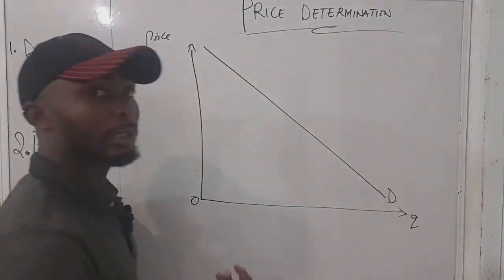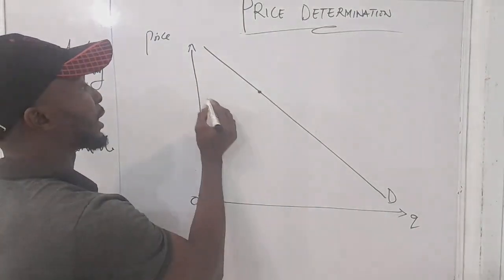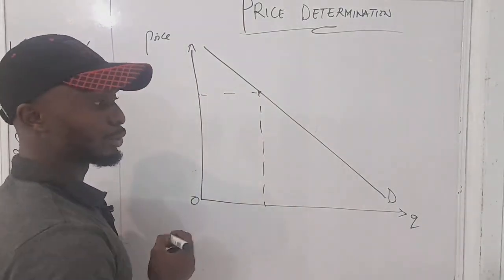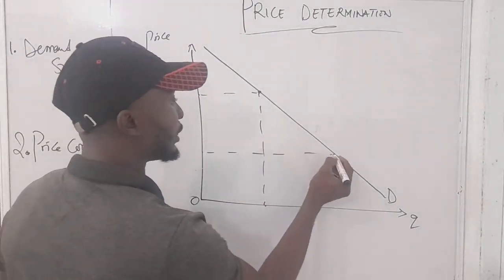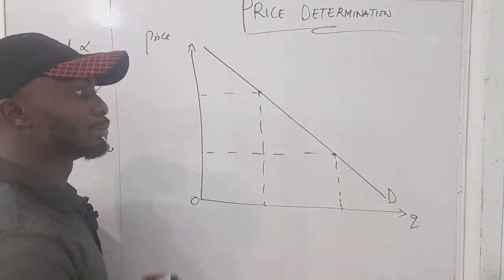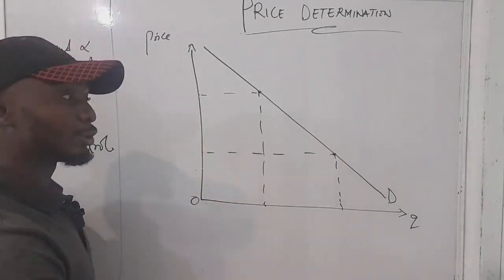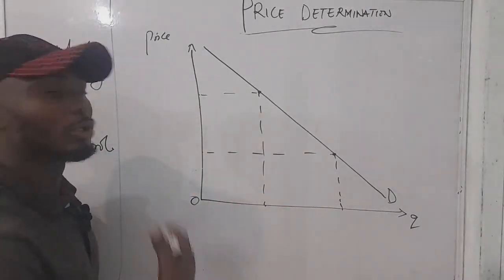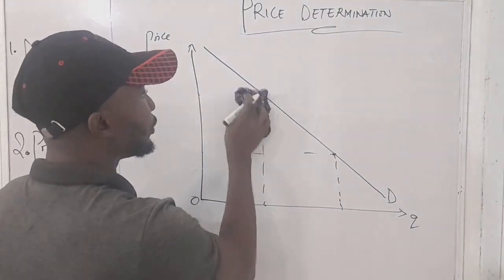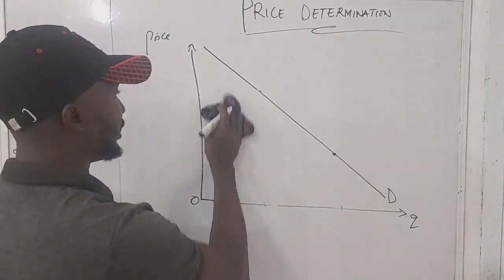So this is the demand curve sloping downward from left to right, telling us that at a higher price, consumers will buy less of a product, and at a lower price, consumers will buy more of that same product. So this is how, for a normal product, a consumer would typically behave. So let's take this one off because we are looking at price determination.